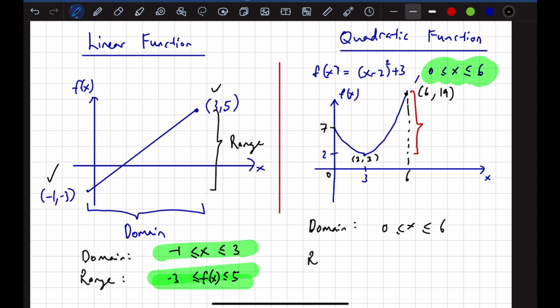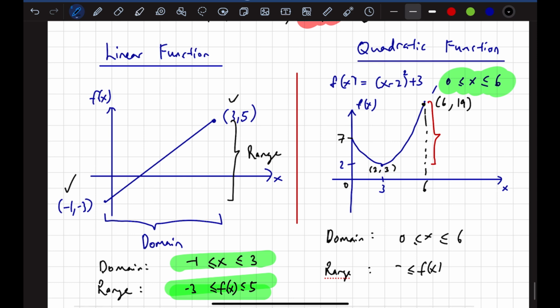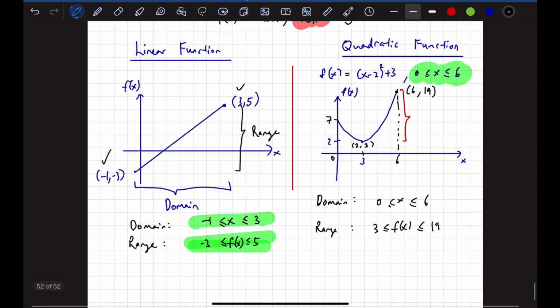So we say that f(x) is between 3, which is the lowest point, and 19. Okay, so that is basically how we state the range and domain of different functions.